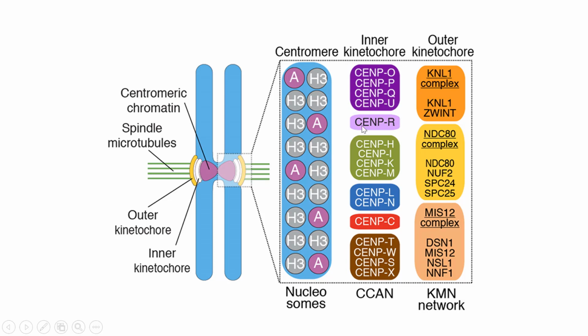Here's another complex made up of a single polypeptide. Here's another protein complex made up of 4 polypeptides, 2 polypeptides, 1, and 4 more, just to form this inner kinetochore, this machine that attaches onto the centromere. Here's your outer kinetochore, more protein complexes made up of multiple polypeptides, forming the outer kinetochore that is physically attached to the kinetochore microtubules.